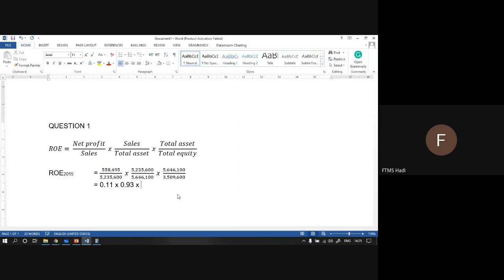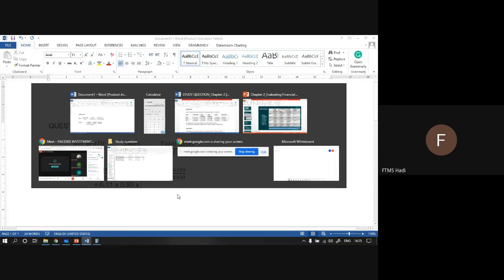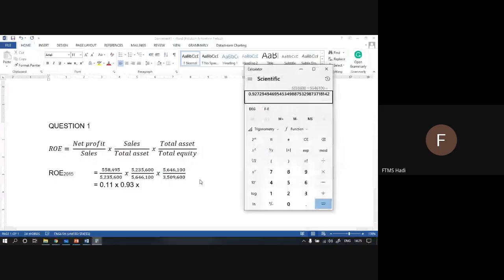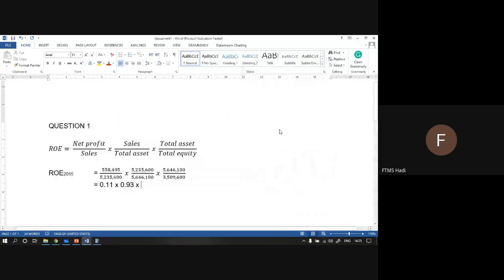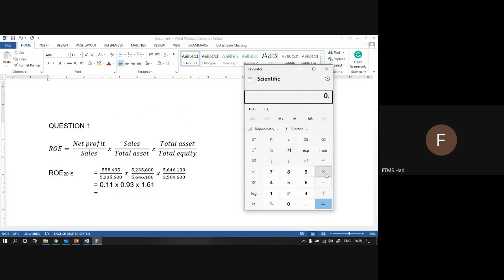Then multiply by this one, and this is the next part. 5,646,100 divided by 3,509,600, 1.61. Okay, so multiply those three: 0.11 multiply by 0.93 multiply by 1.61.